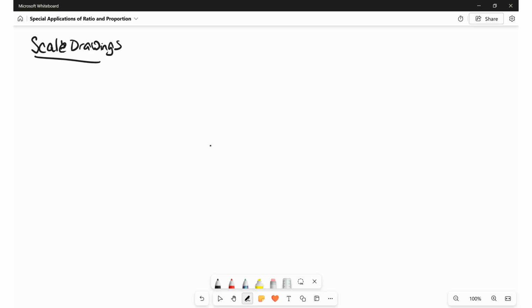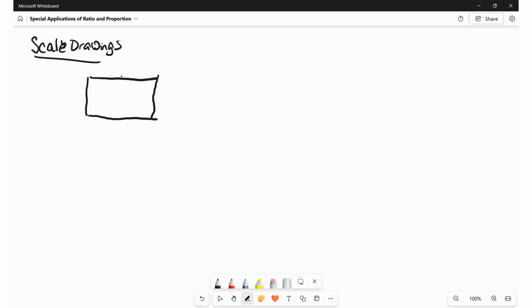Say you've got a deck that you want to have built on your house. Maybe your architect is going to draw out this scale drawing of your deck. And hopefully, your architect is going to draw your deck a lot better than what I am.